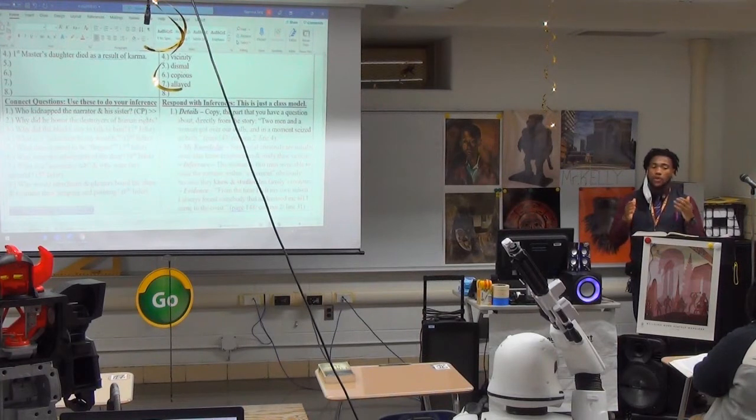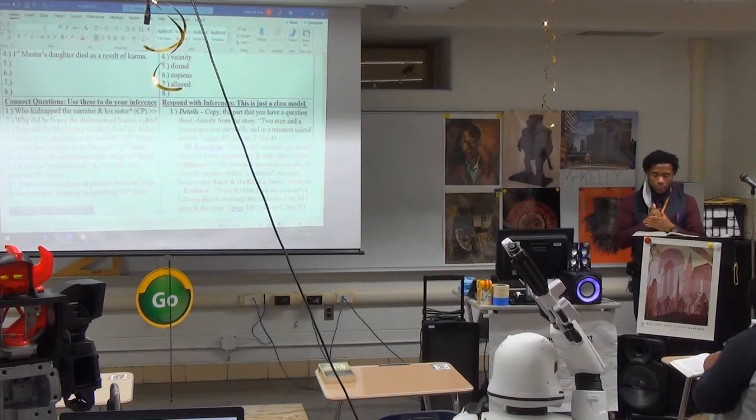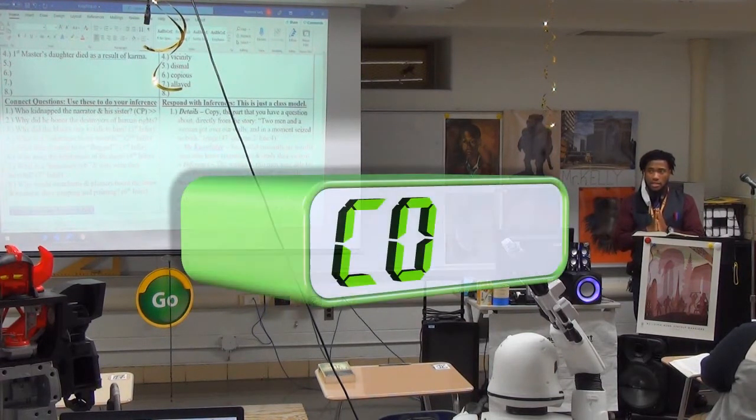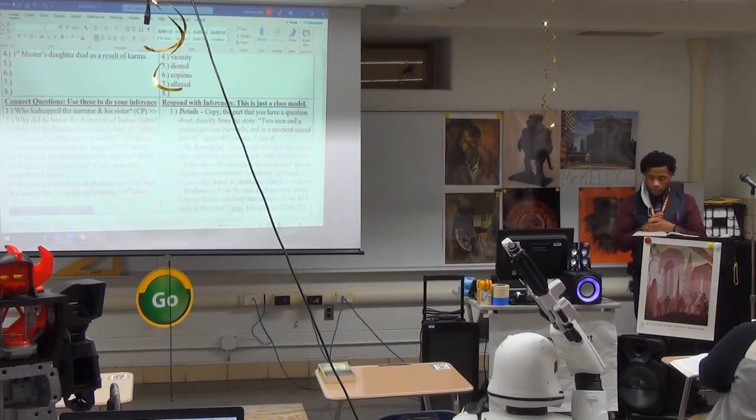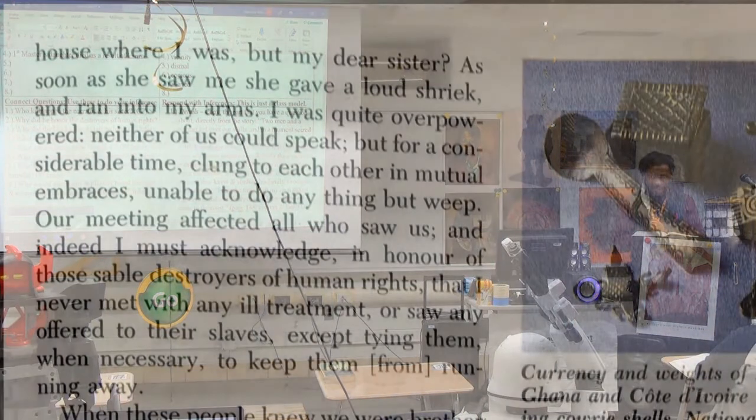You may have to add on another sheet of paper, because your inferences are long. Then put details, because these are the facts and the details. Then you're copying directly from where Scott just read, directly from that paragraph. You always take the details and the facts directly from the text. I must acknowledge.